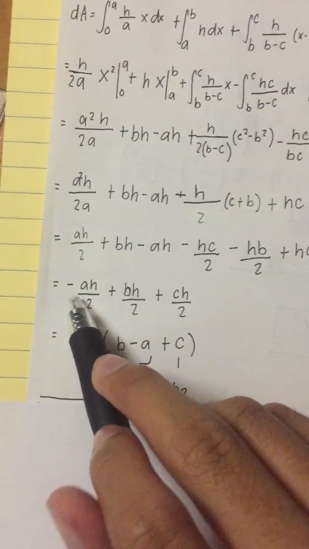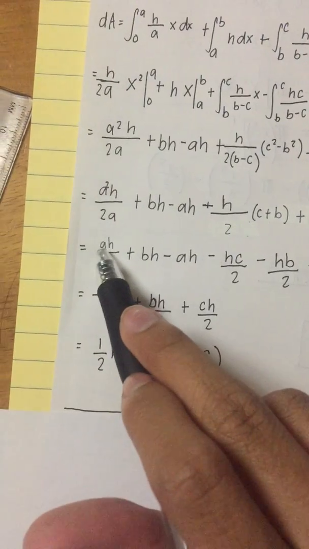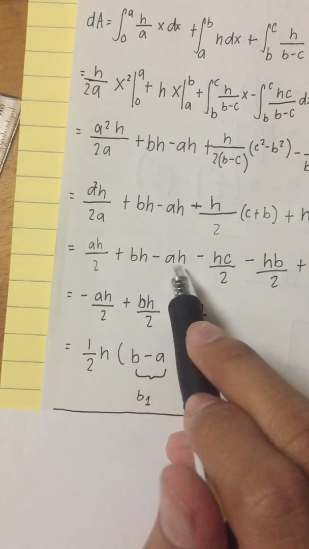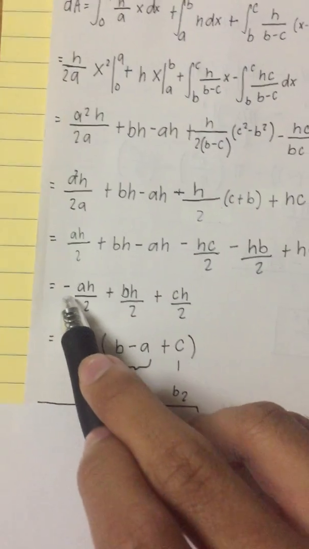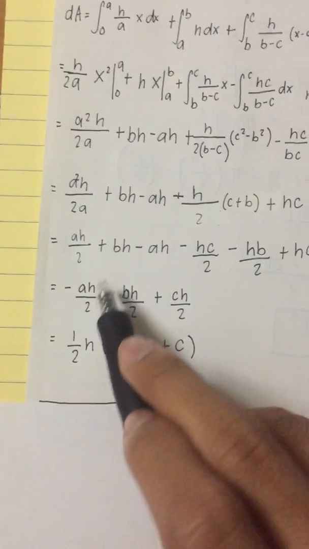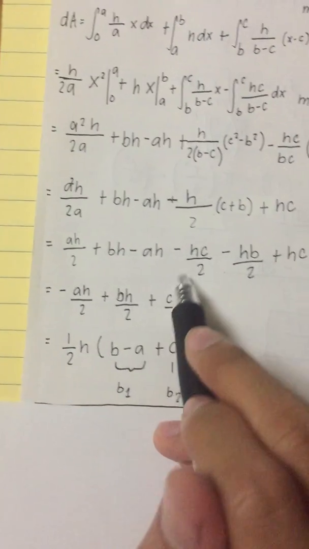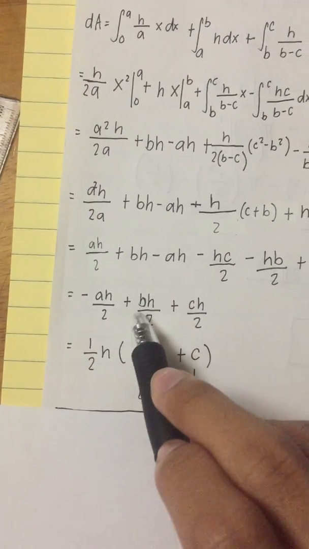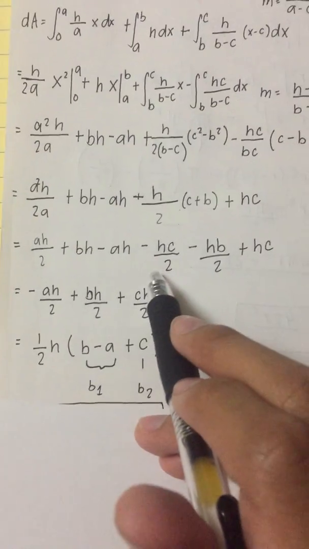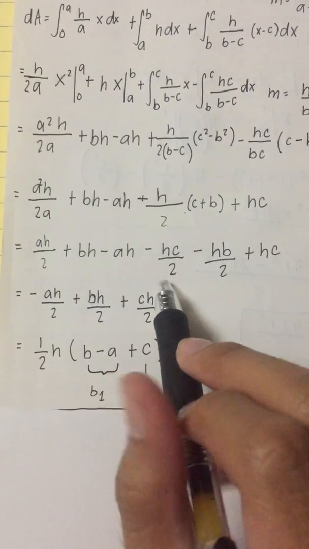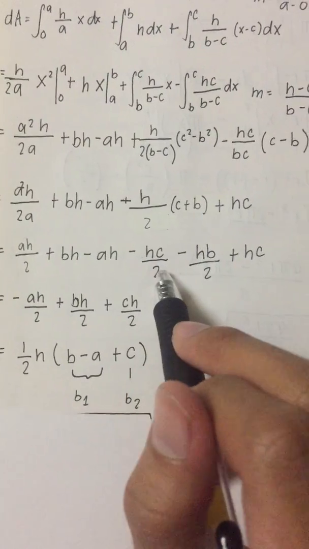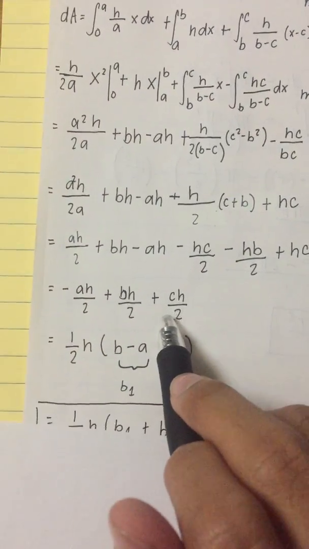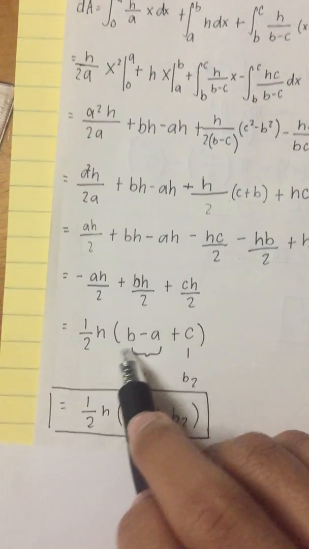And then we get negative ah over 2, because one half of negative ah is equal to negative ah over 2, plus bh over 2, which is negative hb over 2 plus bh, which is positive bh over 2, plus negative hc over 2 plus hc, which is equal to plus ch over 2.